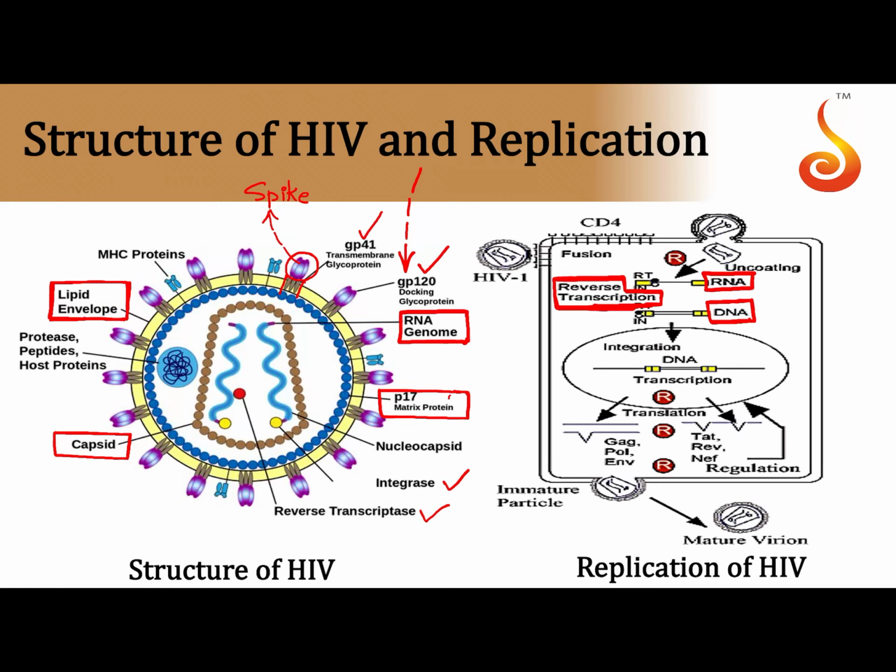The process is called reverse transcription and the enzyme is called reverse transcriptase. So this enzyme is carried by the virus itself, the reverse transcriptase enzyme, which converts a single-stranded RNA into double-stranded DNA. And you can see how the double-stranded DNA is getting incorporated into the genome of the host cell.